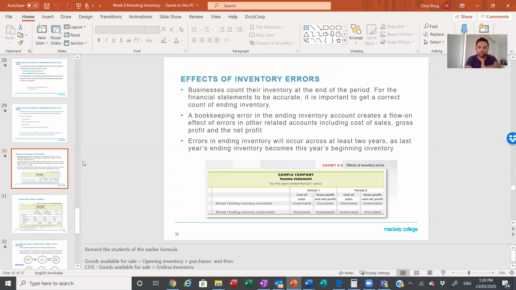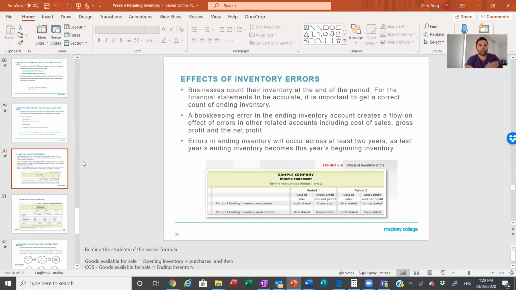Again, under the periodic system, this is very, very difficult to do because we're only recording stock on hand when we're actually doing the physical count, so it can be very hard. Okay, so it's really important that we're continuing with the periodic method of counting stock or measuring stock, and then at the same time counting that inventory and comparing.